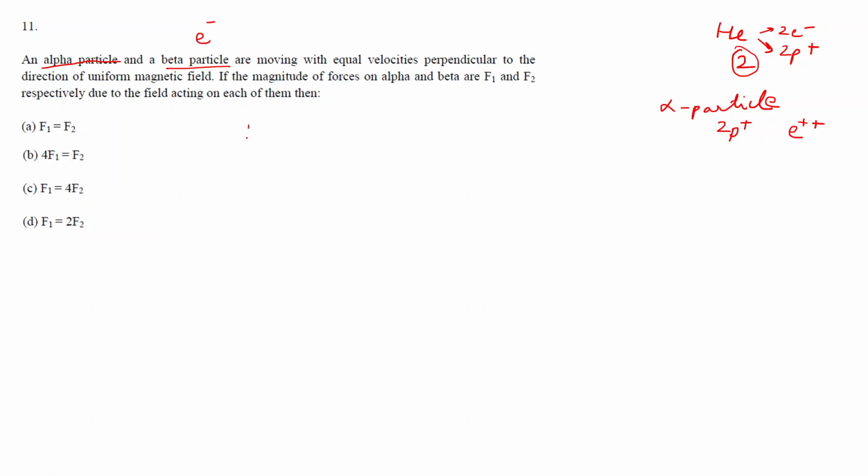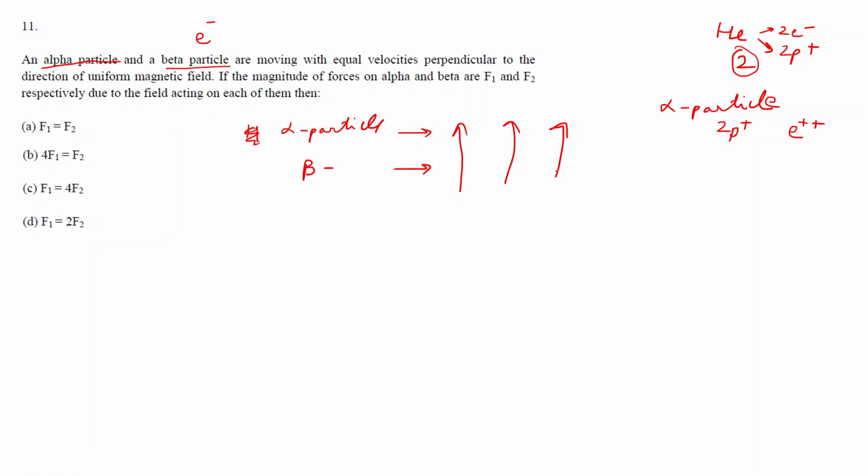Okay, so the alpha particle is moving, and the beta particle, that is this electron, is also moving with the same velocity, perpendicular to the direction of a uniform magnetic field. So there is some uniform magnetic field and both of them are moving perpendicular to the direction of the field.